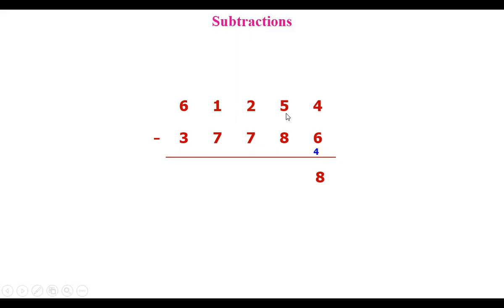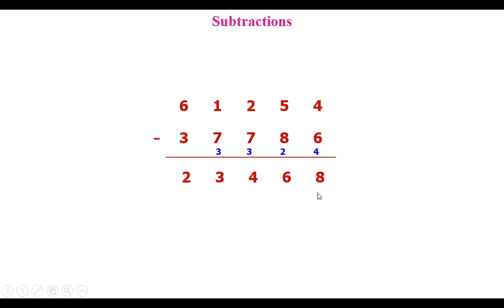Just remember this point, and you take 4 and take 8's complement. 4 plus 2, 6. 1 is borrowed here, so 1 is left. 1 plus 3, 4. 0, 1 is borrowed here, 1. 0 here. 0 plus 3, 3. 1 is borrowed, so 5 is left. 5 minus 3, 2.